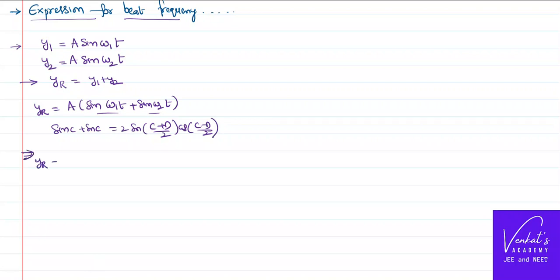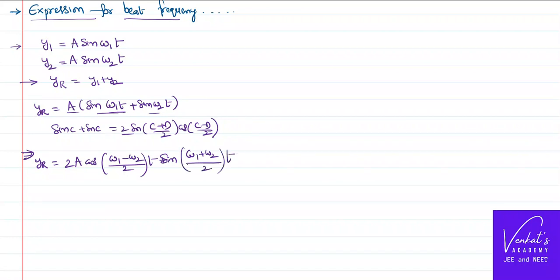That implies y resultant is a, and I'll get a 2 extra, cos of (c minus d) by 2, that is (omega 1 minus omega 2) by 2 times t, and sin of (c plus d) by 2, sin of (omega 1 plus omega 2) by 2 times t.